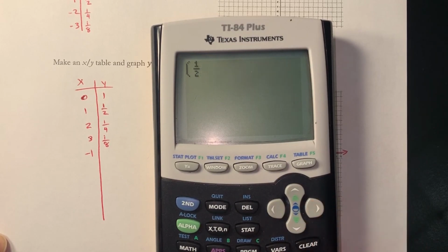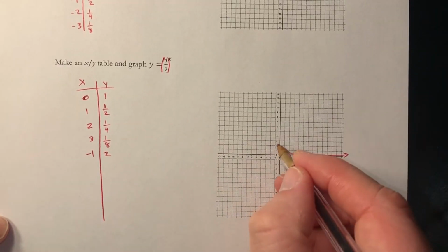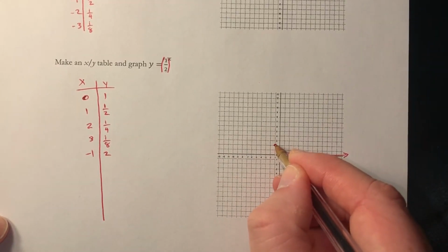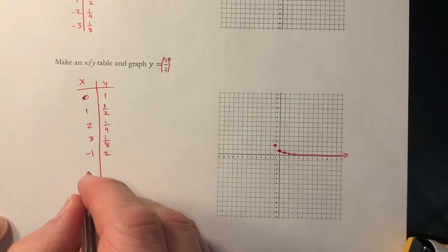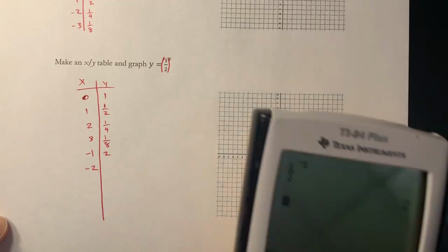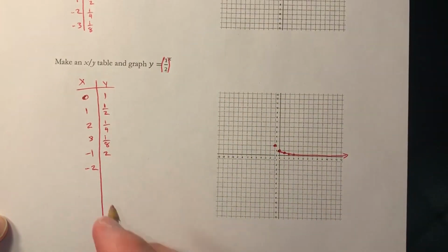Then I'll get out of that fraction, close the parentheses, and raise to the negative 1 power. And that is 2. Negative 1, 2. Okay. I can also put 0.5 in the calculator instead of 1/2. So when I do the negative 2 power, I'll just do 0.5 to the negative 2, and I get 4.